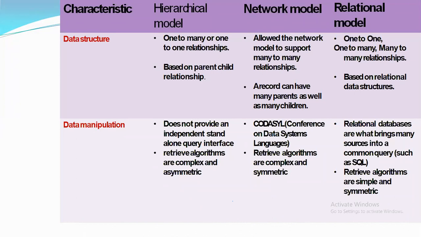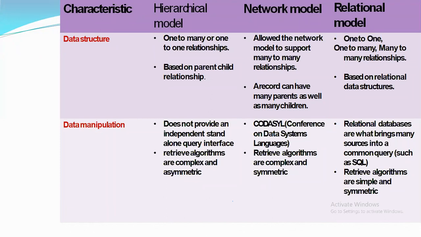So there is a many-to-many relationship, and there is no one-to-one or one-to-many. That's why the network model supports many-to-many relationships. However, the relational model supports one-to-one, one-to-many, many-to-one, and many-to-many. So this is the first difference between these three models.